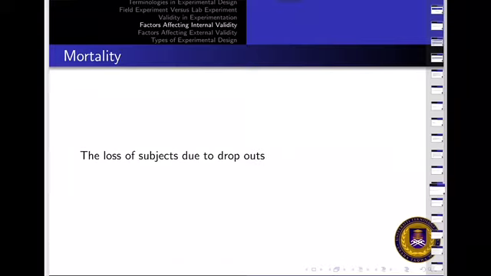But after only 10 days, suddenly the subject withdraws, or the subject passes away due to other causes. So the factors can affect the internal validity.